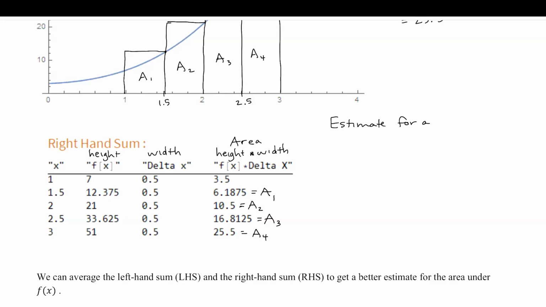So now I have another different estimate for the area under f of x using 4 right-hand rectangles.